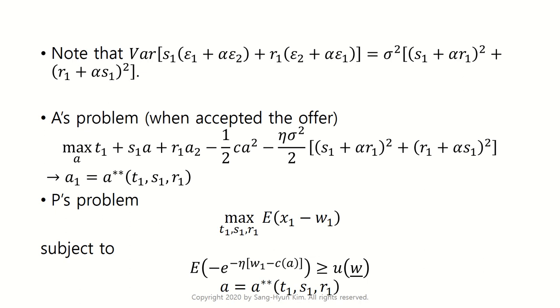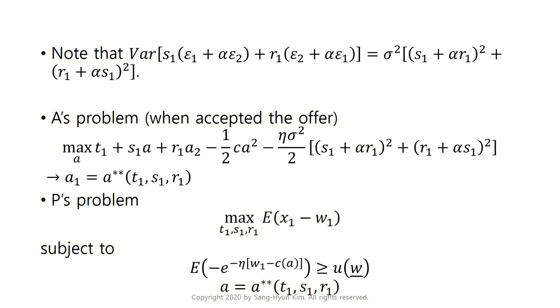So this is the agent's utility maximization problem, and you can see that A2 appears in this expected utility, but it doesn't matter because A2 is a choice variable of agent 2.